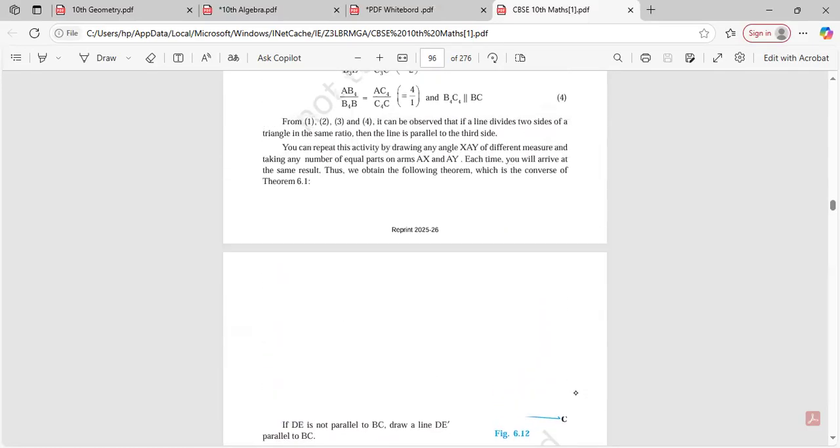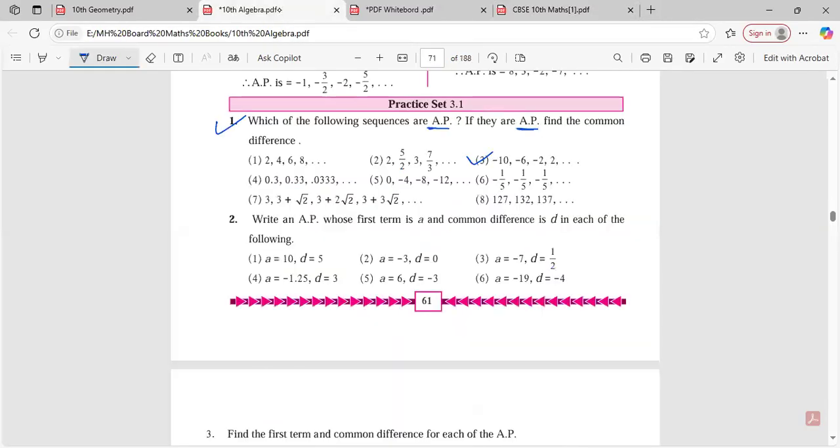It is in AP and the difference is 4. Very good.